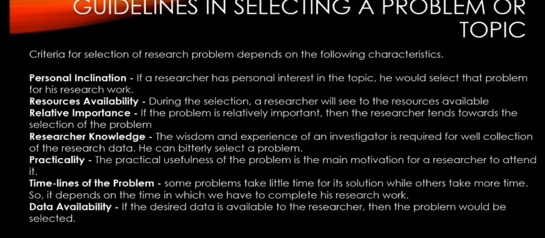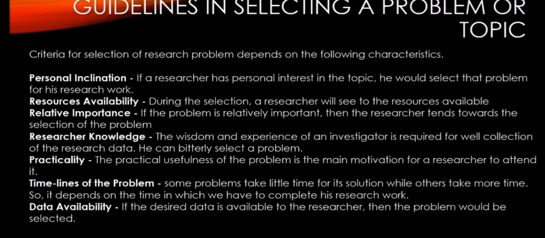So these we have here are the guidelines in selecting a problem or topic. The criteria for selection of a research problem depend on the following characteristics. These characteristics are, first, personal inclination. If a researcher has a personal interest in a topic, he would select that problem for his research work.